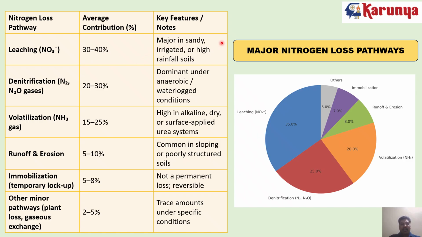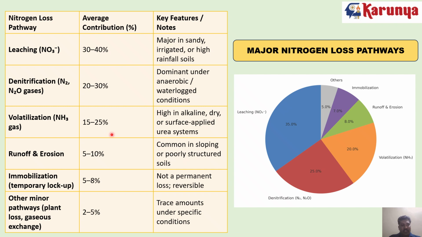It is highest in sandy, highly irrigated, and high rainfall soils. And denitrification is the reduction process where 20 to 30% of nitrogen is lost. It is dominant under anaerobic or waterlogged conditions.